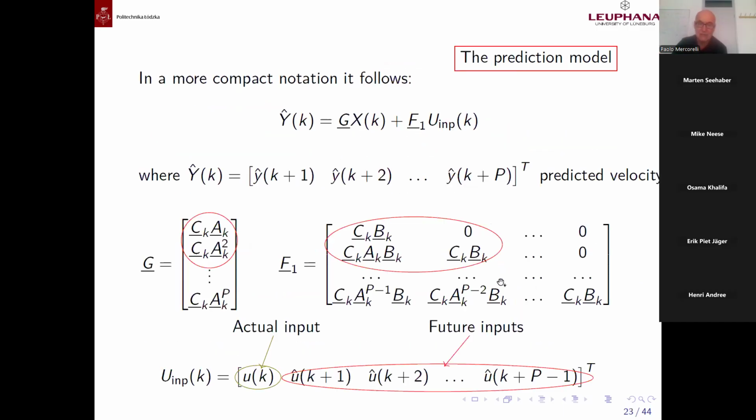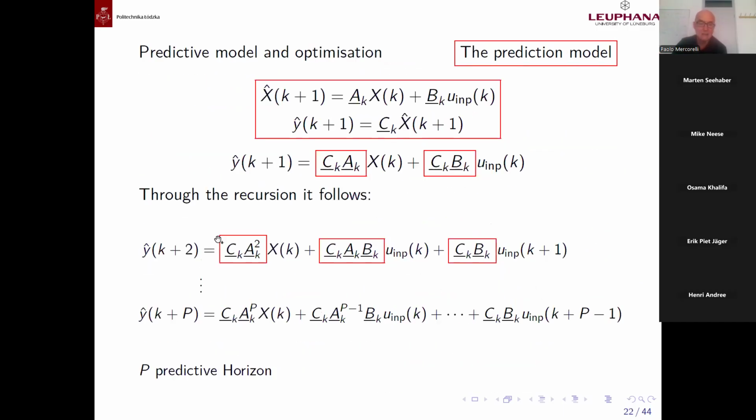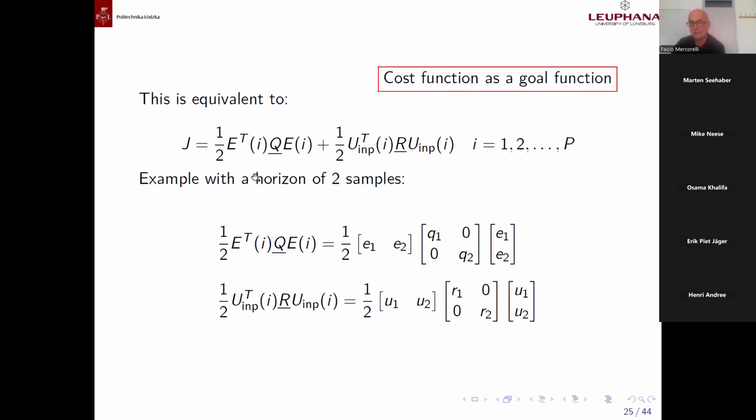If you look here, we can understand. First element, second element, but row in the sense. If you have just two steps, we have two rows for the prediction. Just to be familiar with this. And if the control horizon is also two, we have also two rows.